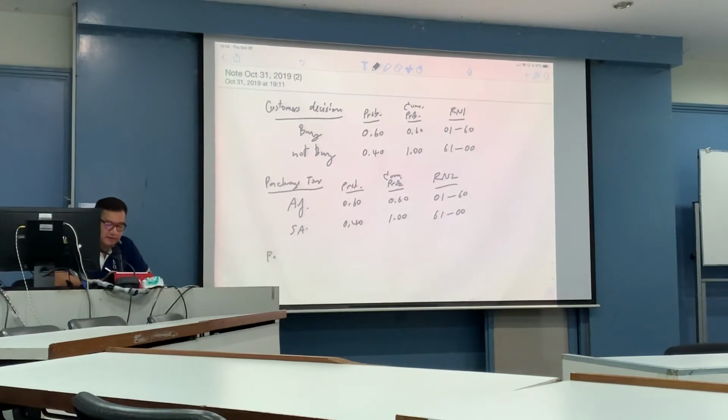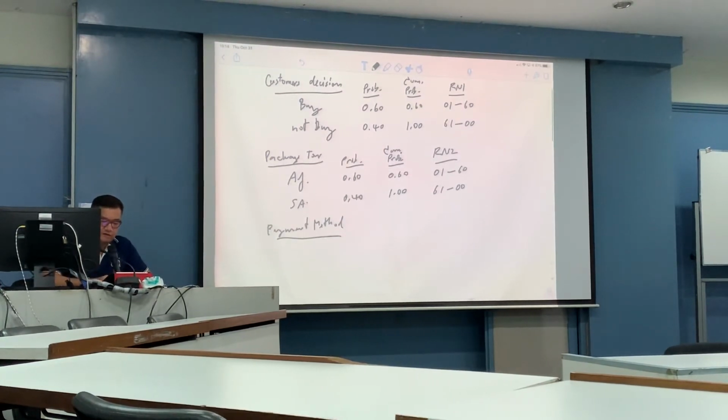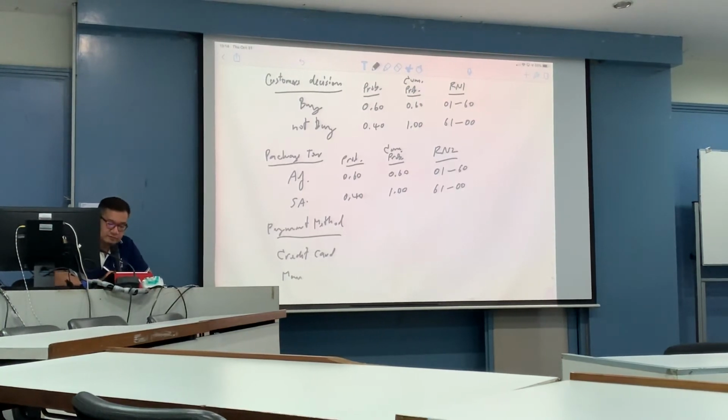The third one is about the payment method. For the payment method, once again, we have credit card and money transfer. We have the probability: this one is 55%, this one is 45%.